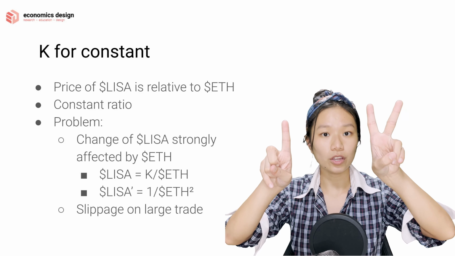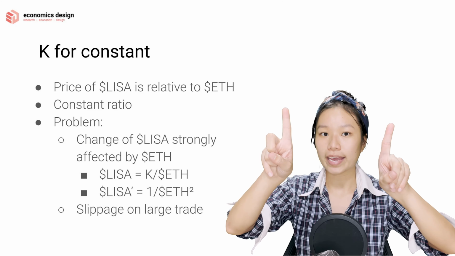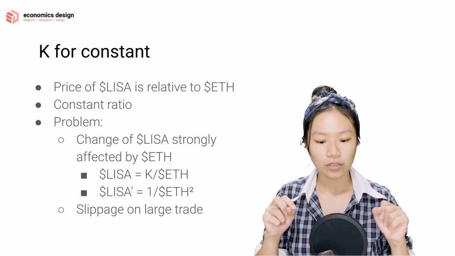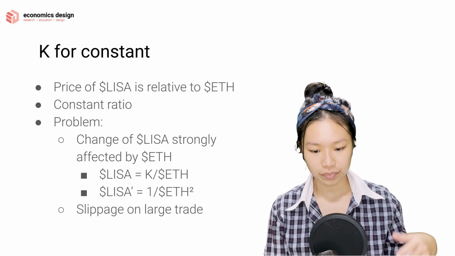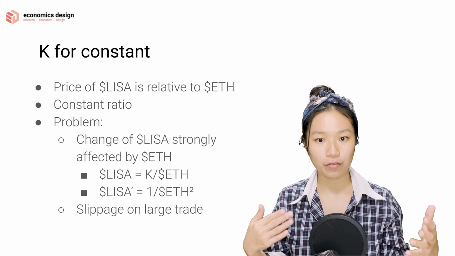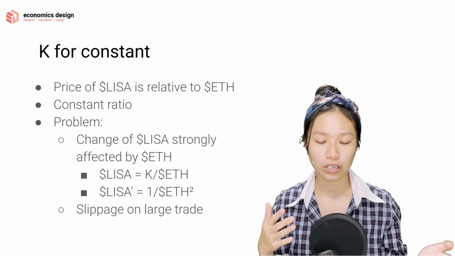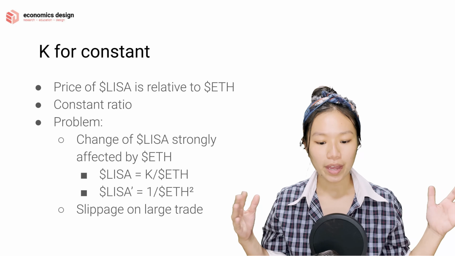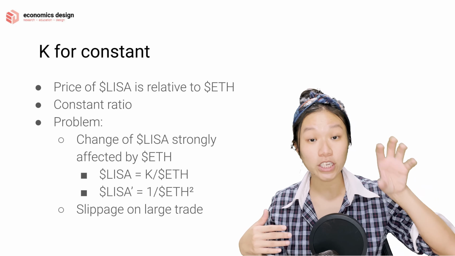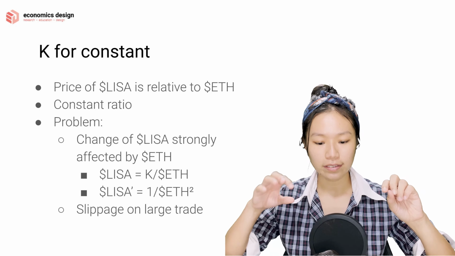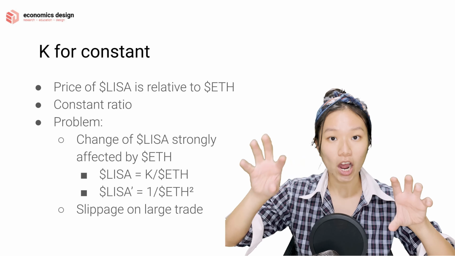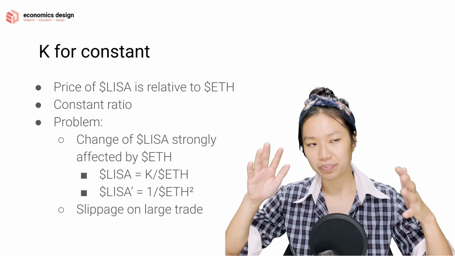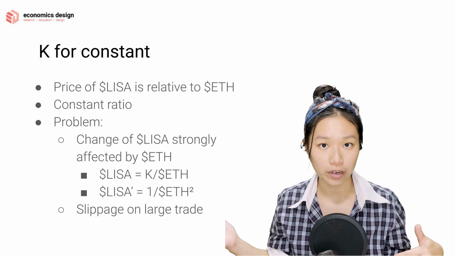So you get Lisa on this side, and you get K over ETH on this side. So that's how you get the quantity change of Lisa and ETH. So if you do a first order derivative of it, then you will realize that the quantity change of Lisa is tied to 1 over ETH squared.